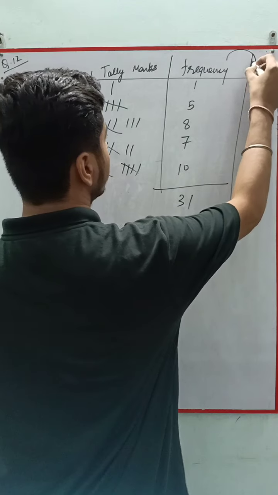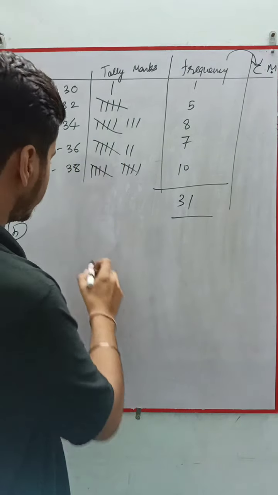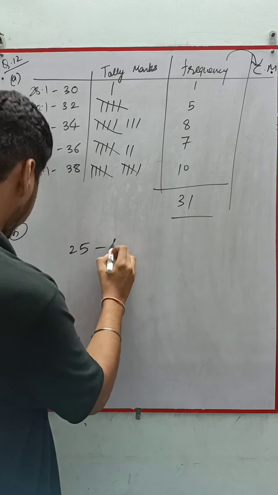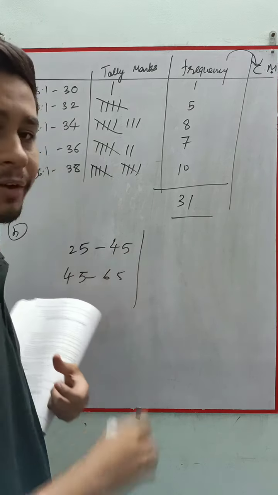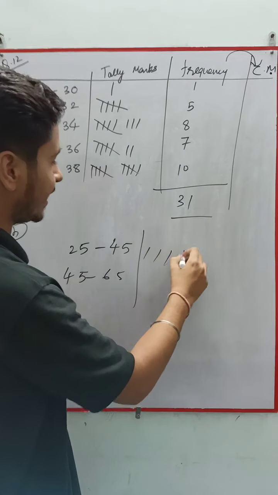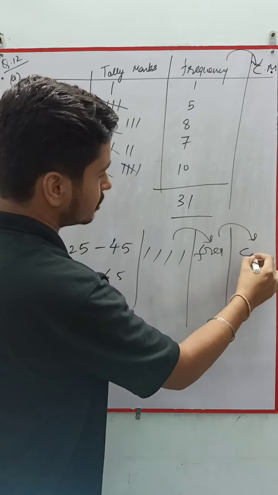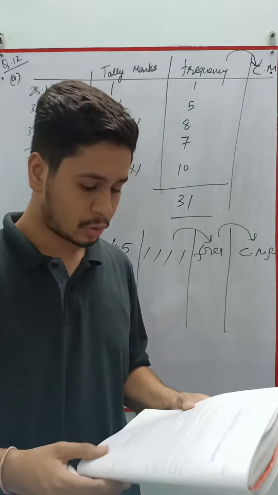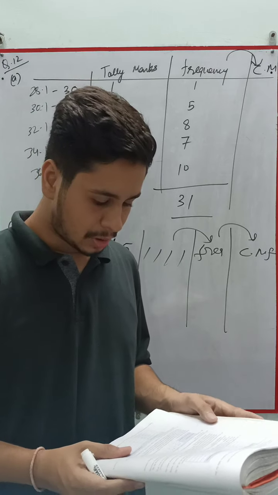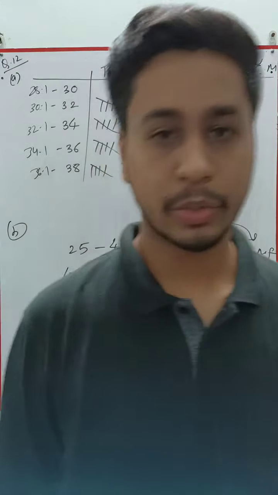After the frequency only we can make it. Okay, so 25 to 45, then 45 to 65. Like this you have to make. Then accordingly you make the tally marks. With that you make the frequency column, and with this you will make the cumulative frequency column. Okay, so please do this one also. Okay, let's start with the 14th one.